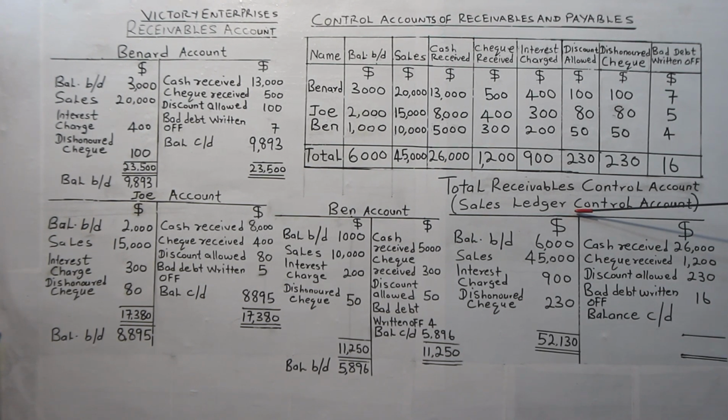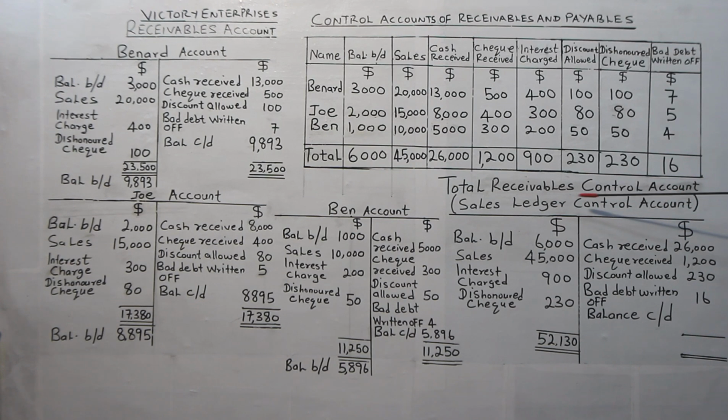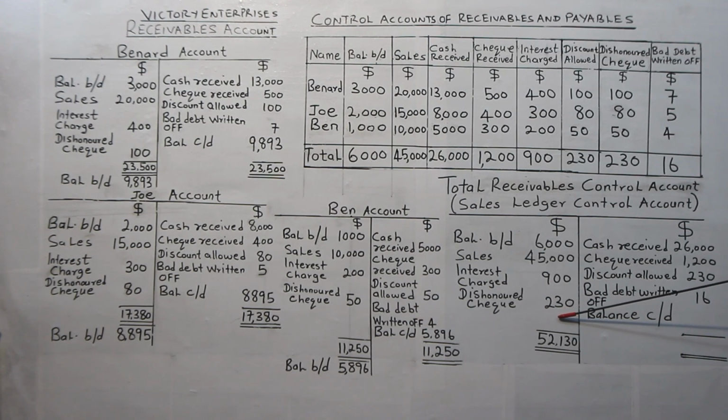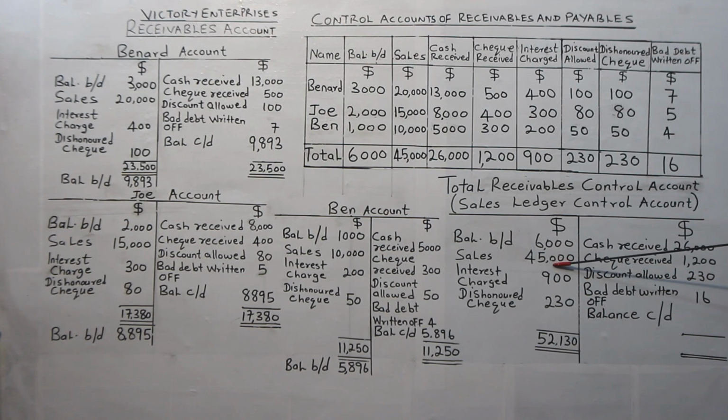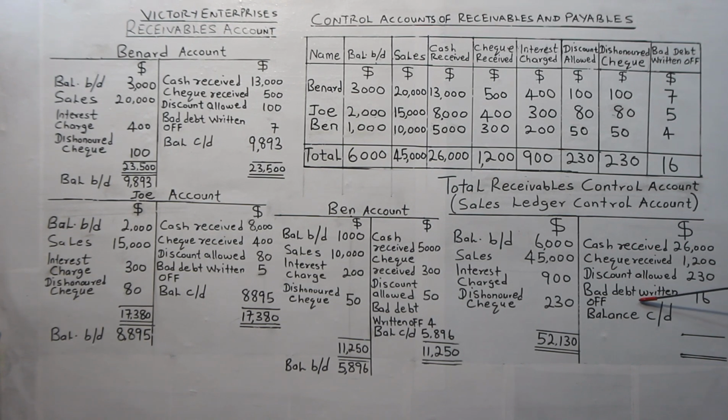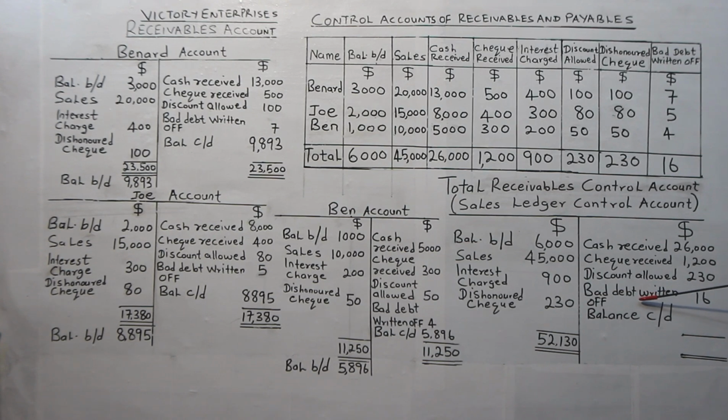So to balance the total receivable control account, or the sales ledger control account, we add the debit side, which represents the total amount that receivables are owing directly or indirectly. That is 6,000 plus 45,000 plus 900 plus 230, which gives us 52,130. And we deduct from this amount the total amount that receivables have paid or we have received from them directly or indirectly.